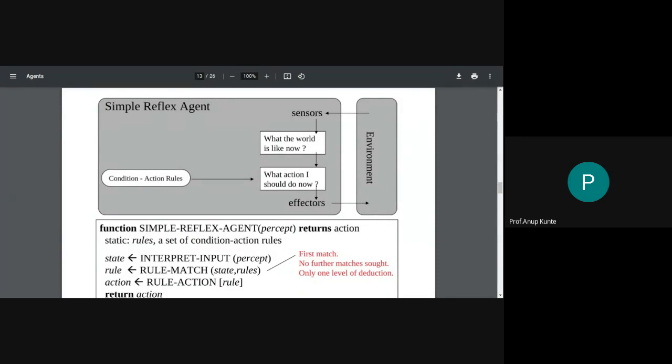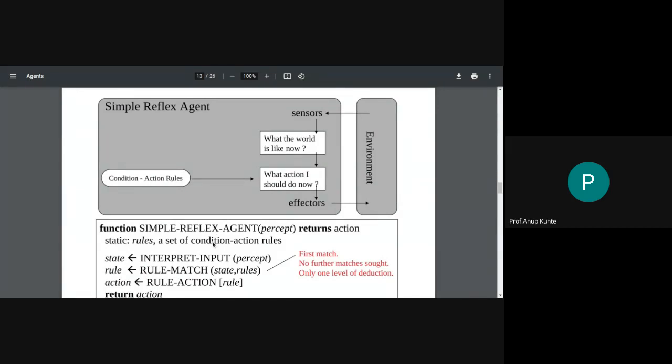Using this state, I try to figure out, using the condition action rules, what the current condition is. If I know the current condition, I will be able to fetch, from the condition action rules, the rule that tells me what action I can do.